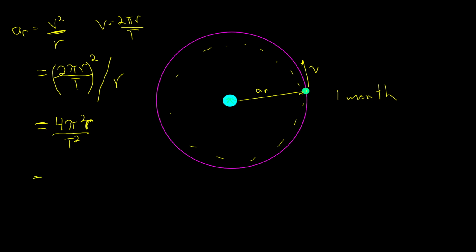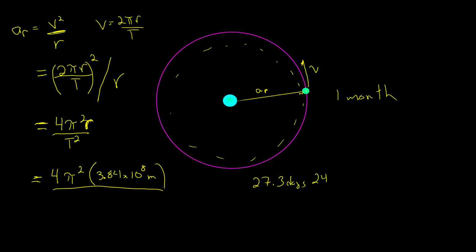And so if I look into the tables, I can say, hey, the moon's distance away from the Earth is 3.84 times 10 to the 8th meters. And 1 month is 30 days, so let's see, 30 days. Well, if we look on the table, a month used is 27.3 days.